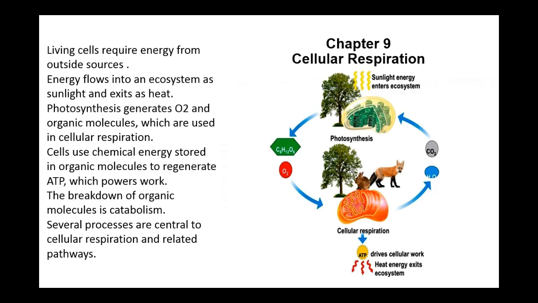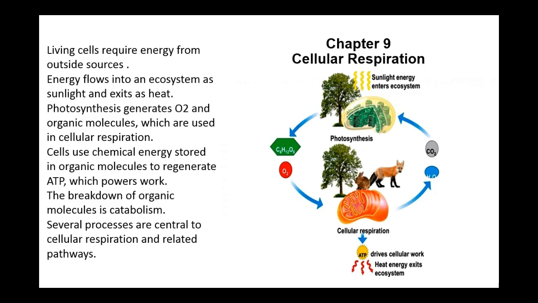Please understand, the stored form of energy in plants is glucose or starch. Our stored form of energy can be glucose or fats, those long carbon-hydrogen tails. That's all very stored energy there.